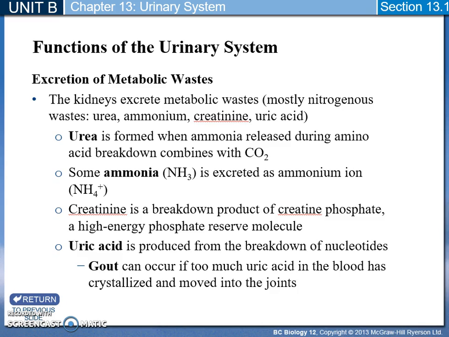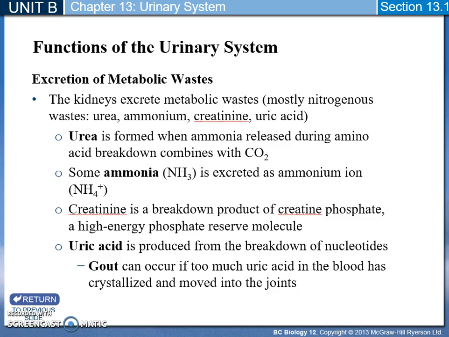The excretion of metabolic waste has to occur largely because of the breakdown of proteins into amino acids, and then when amino acids are broken down, there is nitrogen that comprises part of the molecule of amino acids, and those need to be removed from the body. And so that is a very major part of the kidneys.